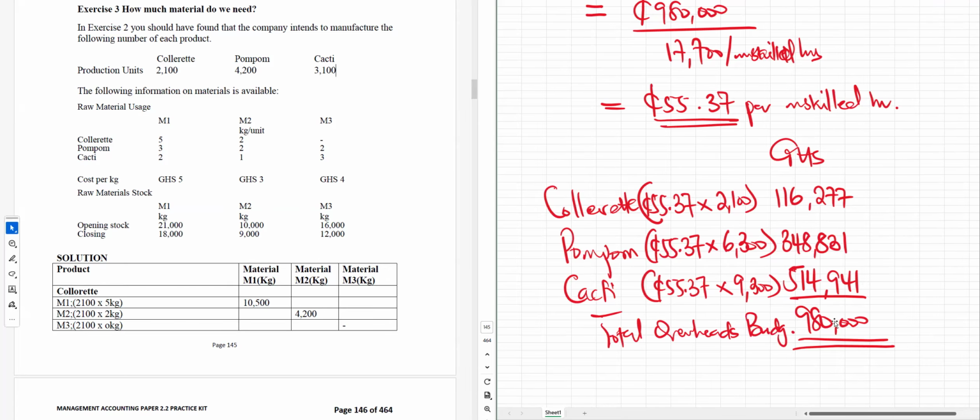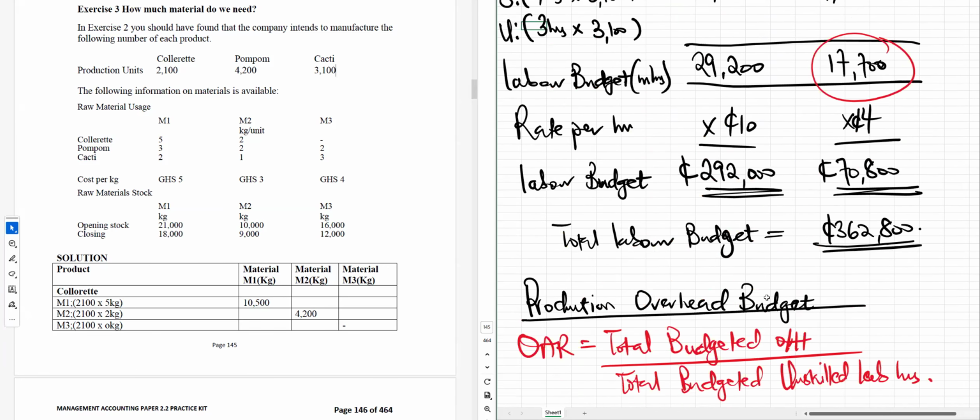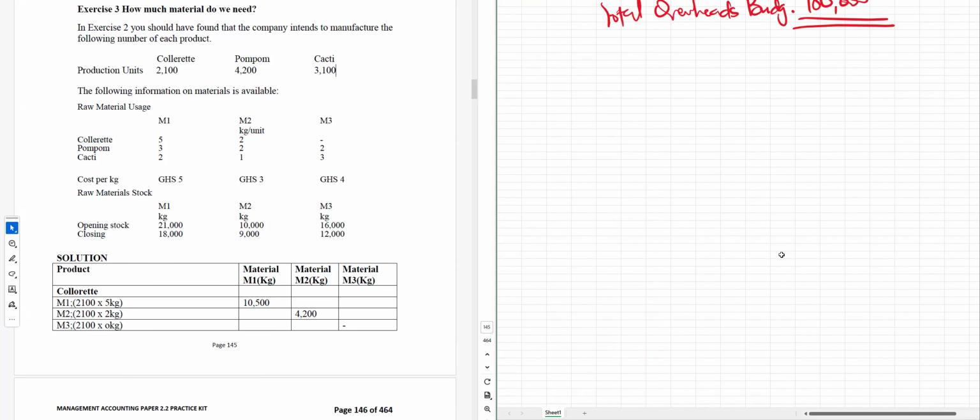Okay. So now we are done with all of them. All we need to do is a budgeted P&L, or a budgeted income statement.